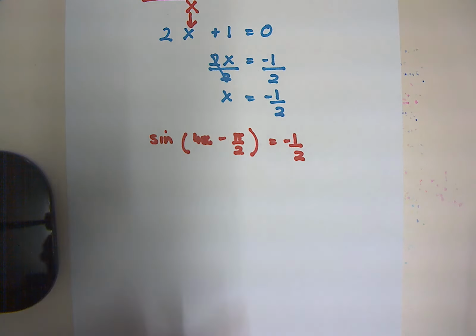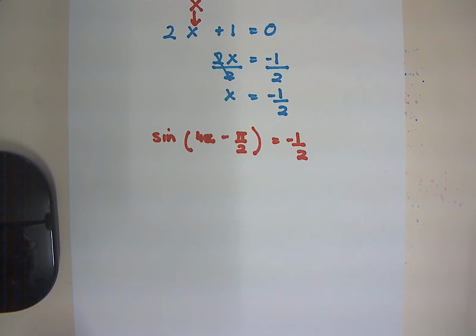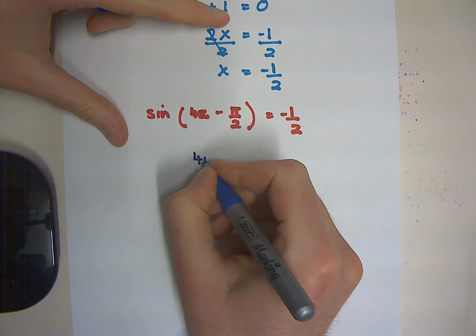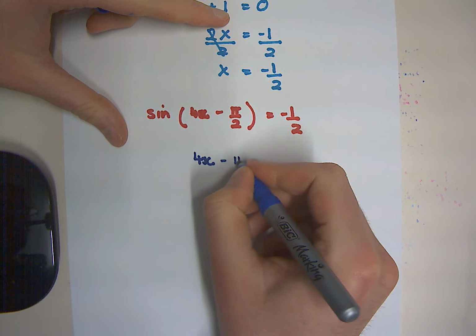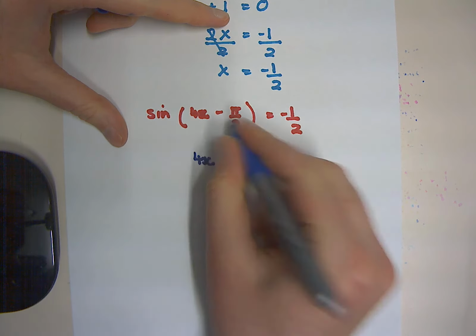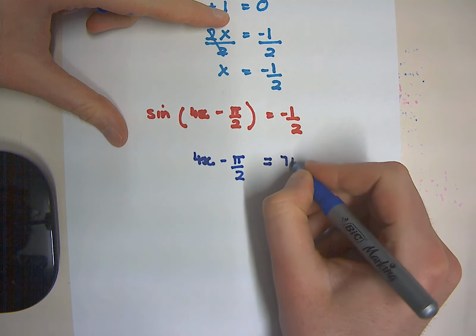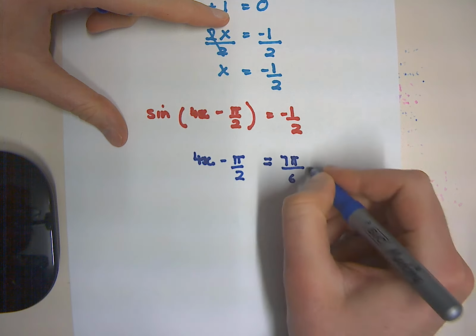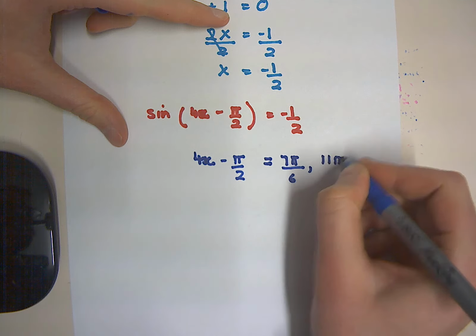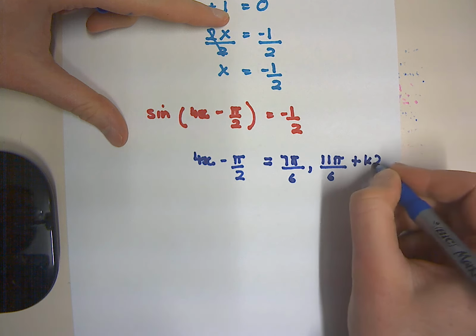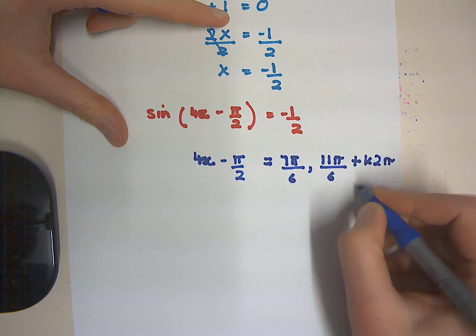So what that means is that this angle in here, this 4x take pi on 2, to make sine of it equal minus a half, well 4x take pi on 2 must be 7 pi on 6 and 11 pi on 6. It can be either of those, but it can be any solution added onto that.